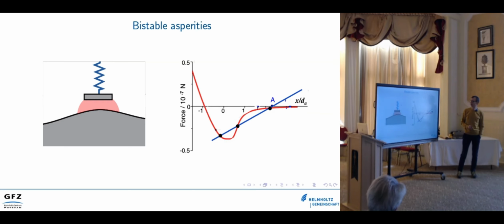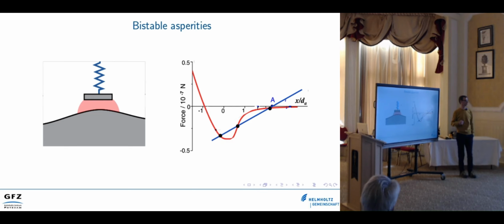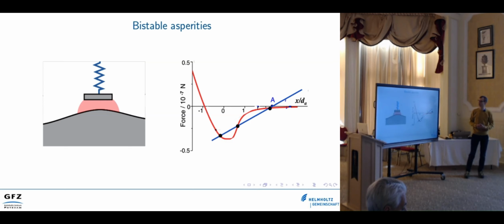But there's a different force that acts on this contact if it is really a very tiny contact that I've shown is present in the material, not everywhere, but we have these contacts, which is molecular forces between these two contacts.